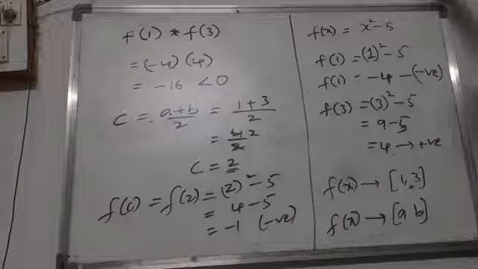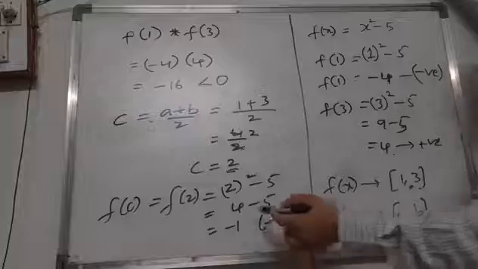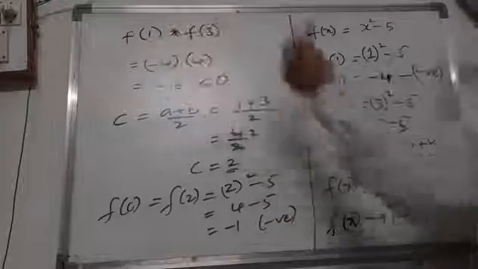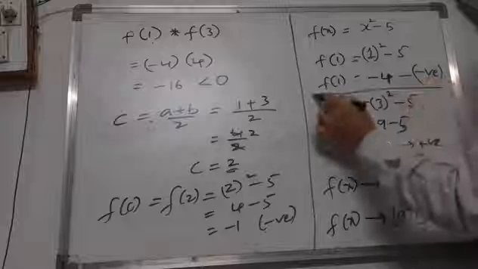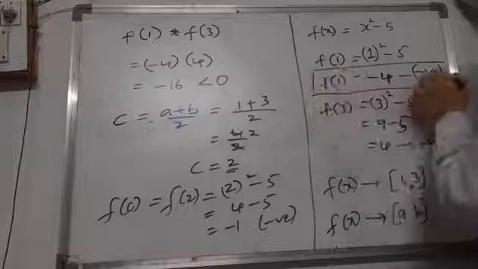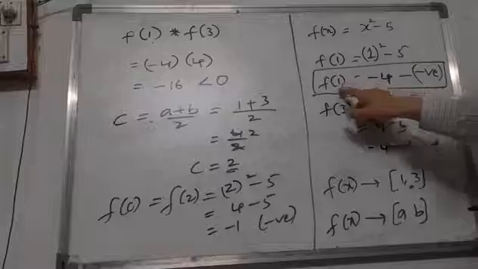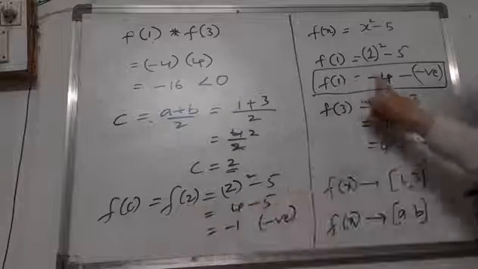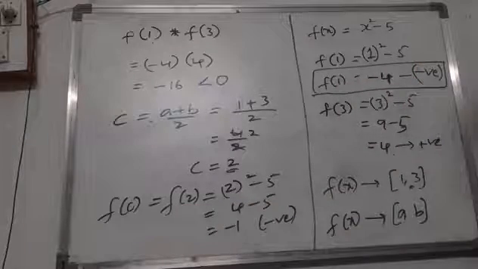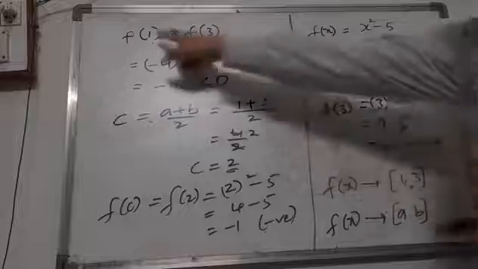So now negative into which one do we have to take, f of 1 or f of 3? Surely f of 1 is negative. If you multiply f of 1 with f of 2, you will get a positive value, greater than 0. So don't go for f of 1, you should go for f of 3.